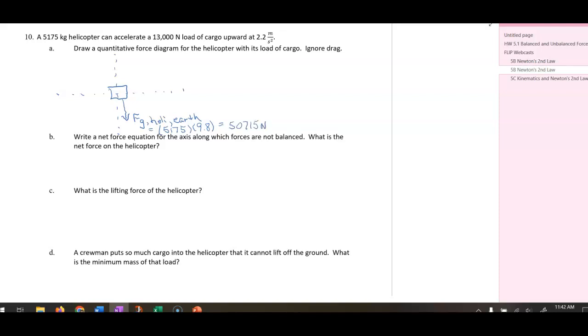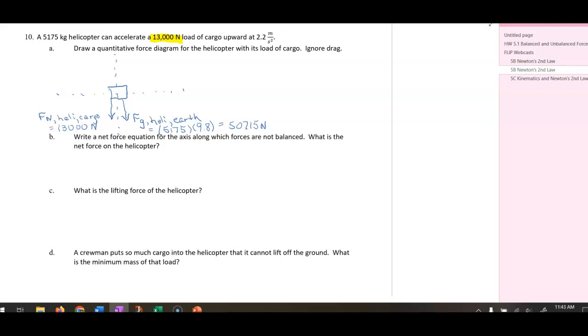That cargo is sitting on the floor of the helicopter, and so that's exerting a normal force. And this is by the cargo. I don't have to calculate that, right? They already give that to me as a force because it's in newtons. So I don't multiply it by 9.8, right? I keep that as 13,000 newtons.